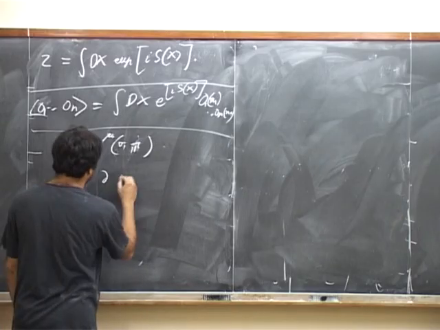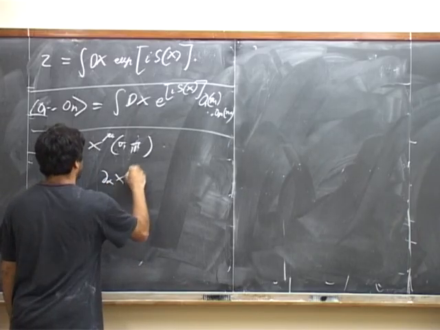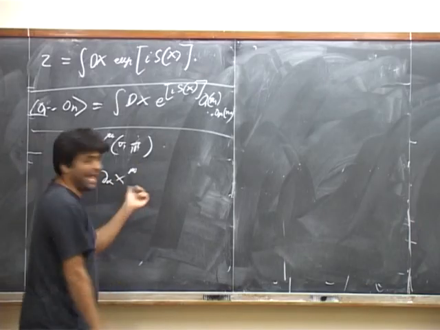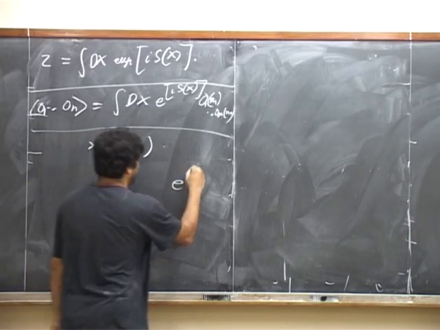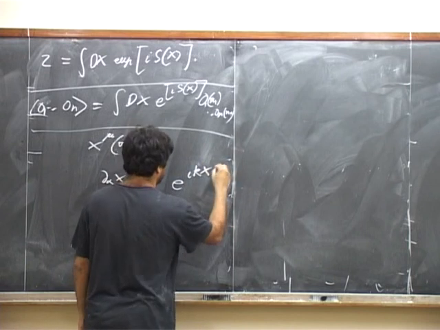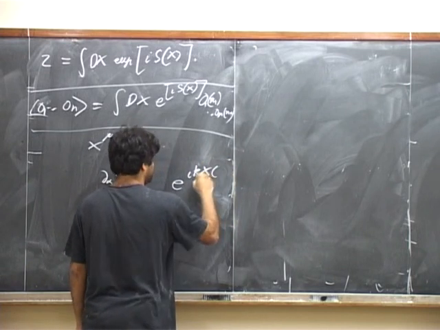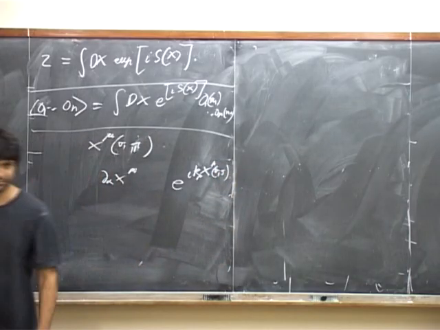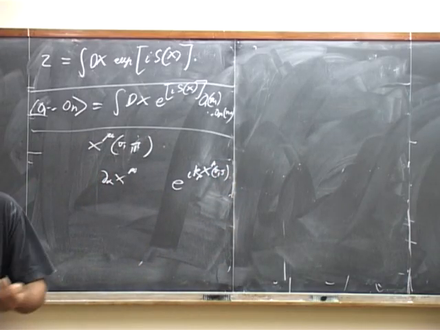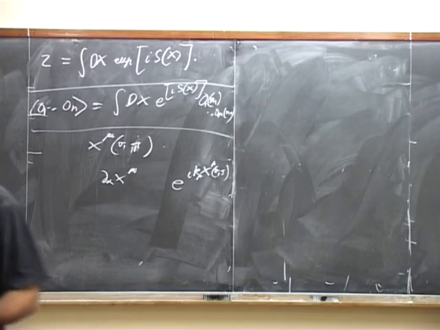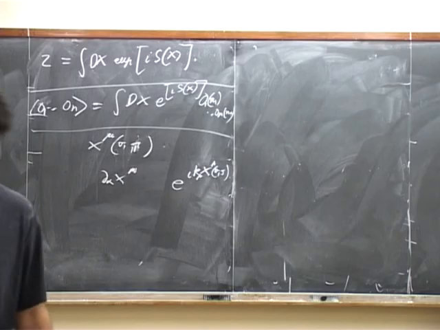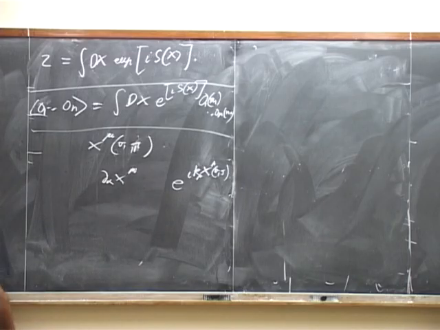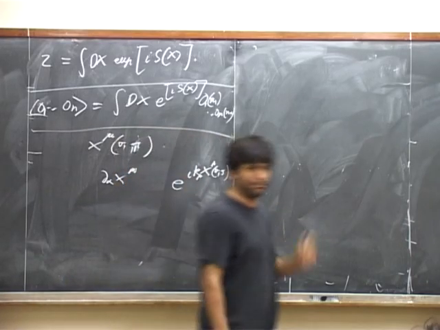You could make operators like del alpha of X mu at a given point in space, or you could take even e to the i k dot X at that same point in space. Any function of the X's that depends only on the value of X at the particular point of interest, that is, it depends on the fields and derivatives of the fields at that point.